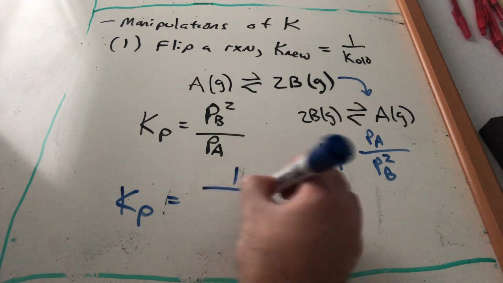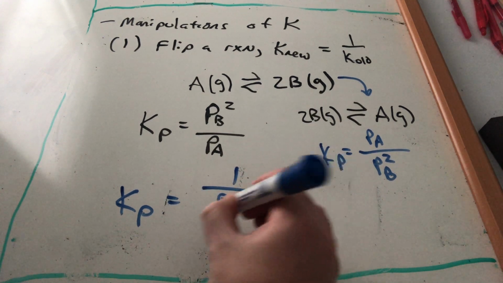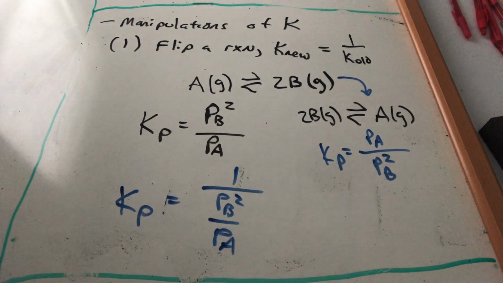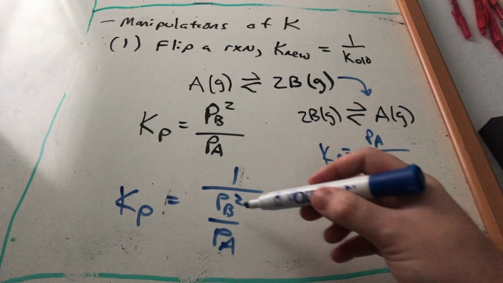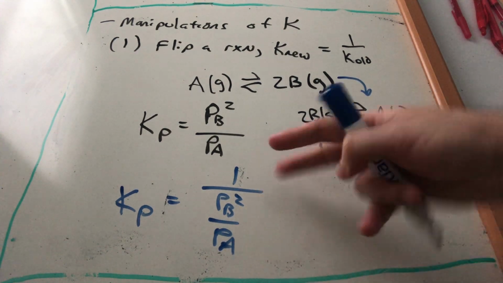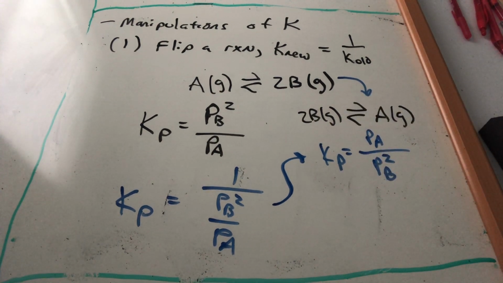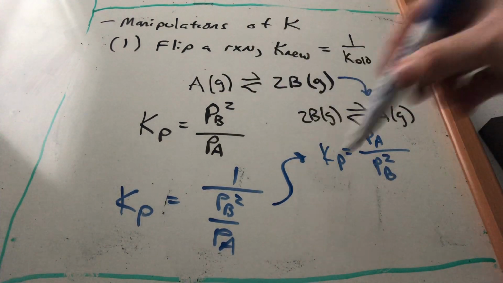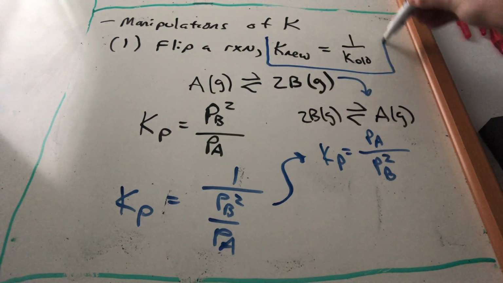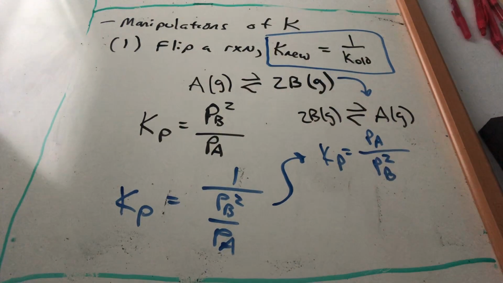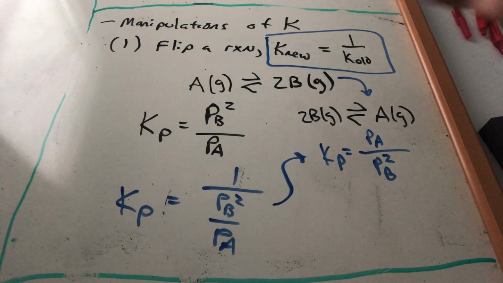Kp looks like 1 over Pb squared over Pa. And whenever we have a fraction in the denominator, how do we deal with that? We invert and multiply. And what are you left with? All right. So essentially all this does down here is prove this thing that you need to know. When you flip a reaction, you actually get a new K, and new K is 1 over the old K.